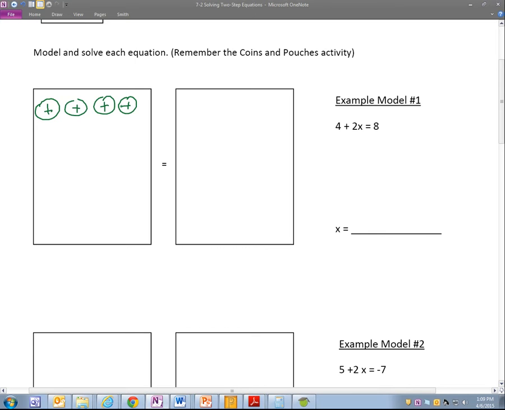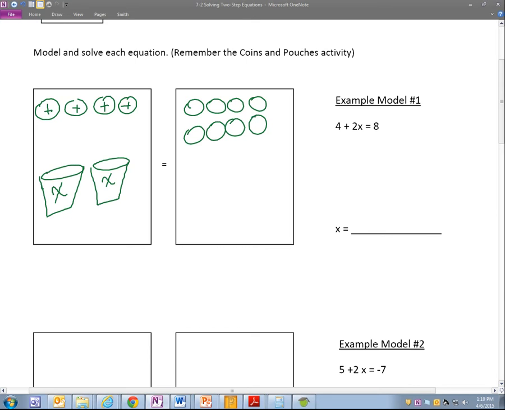Then we have 2 cups with X number of integers in it, and that equals 8 integers. So I'm going to do 8 more integers over here, 1, 2, 3, 4, 5, 6, 7, 8, and they're positive.